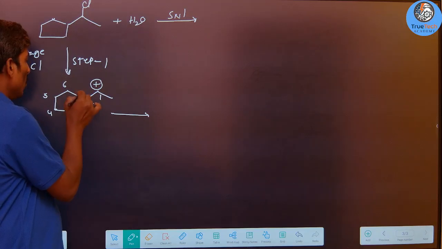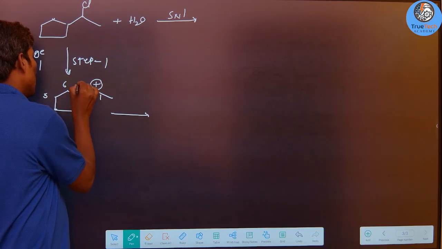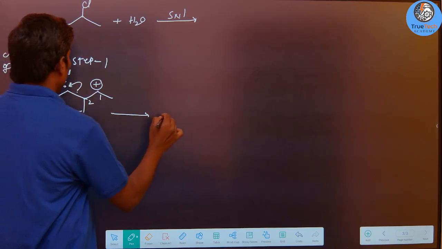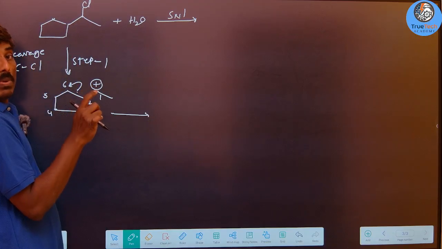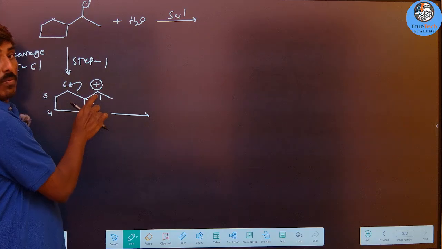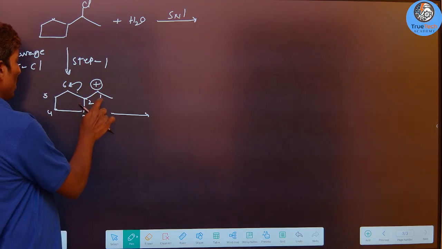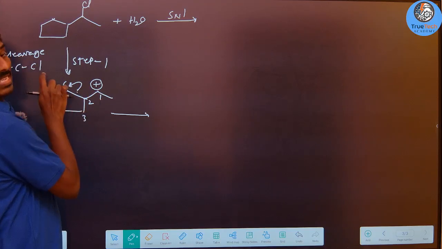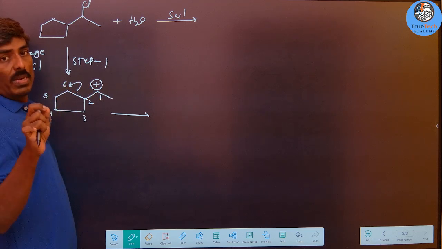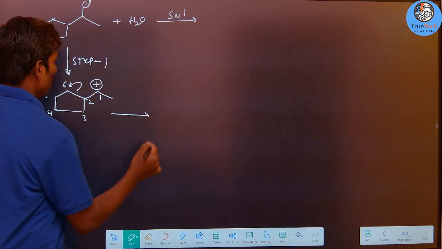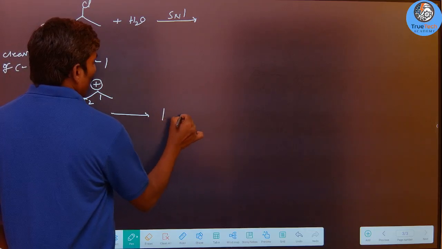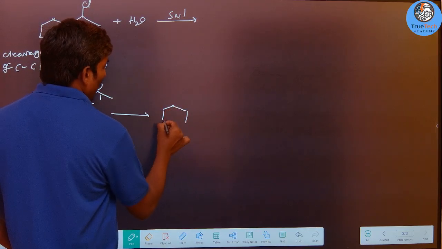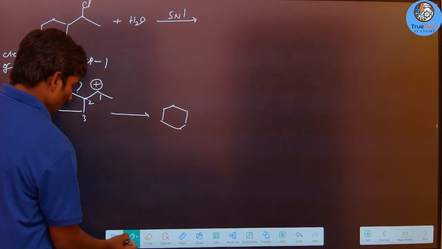When the bond pair electrons shift towards the sixth carbon, you get a 6-membered ring by the new bond formation between the first carbon and the sixth carbon.